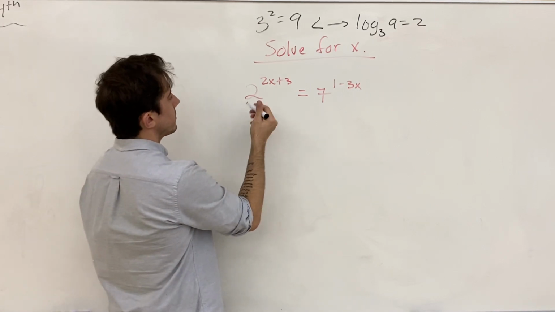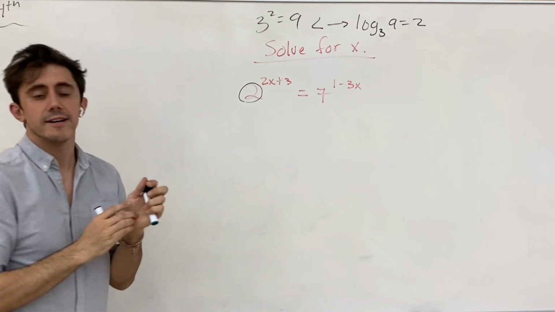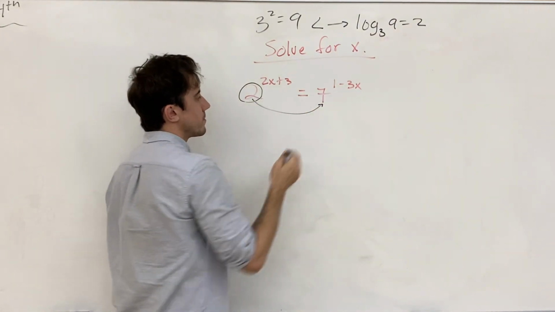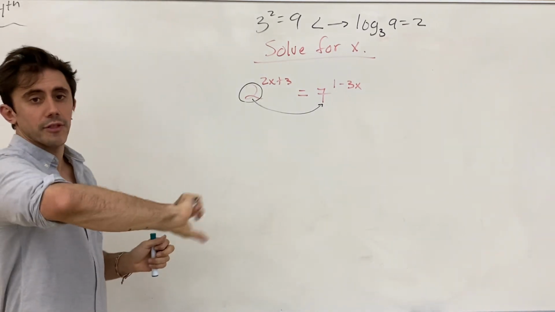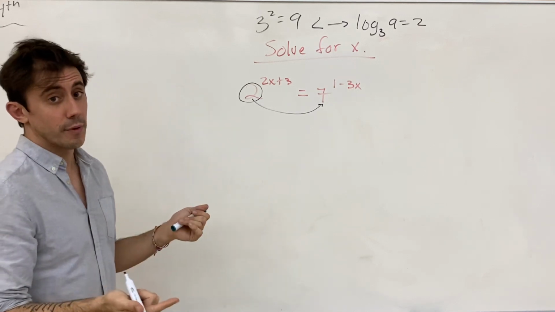So the 2 that is the base of our left-hand side's exponential is going to become the base of a log on the right-hand side. What we're really doing is taking the log base 2 of both sides.